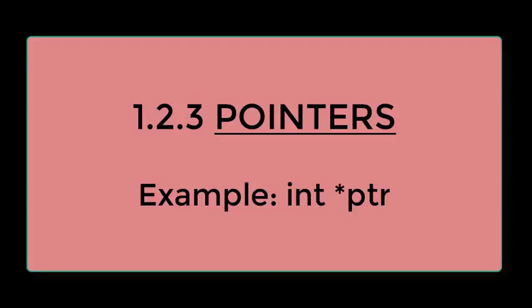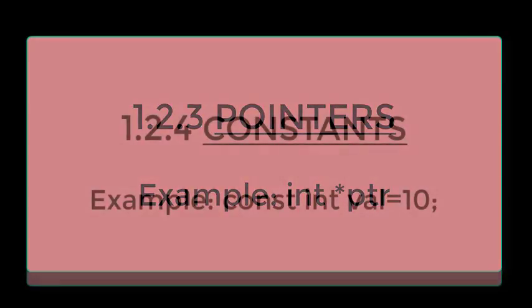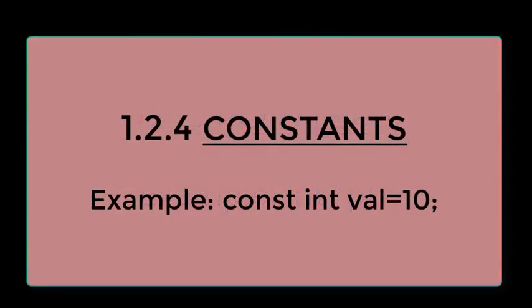Pointers. A pointer is a variable that holds a memory address. This address is usually the location of another variable in memory. If one variable contains the address of another variable, the first variable is said to point to the second. Constant.